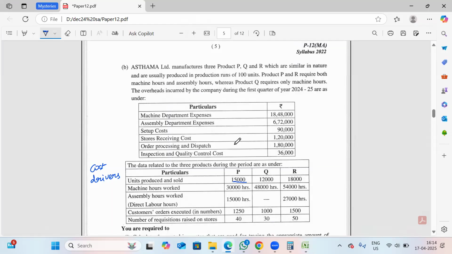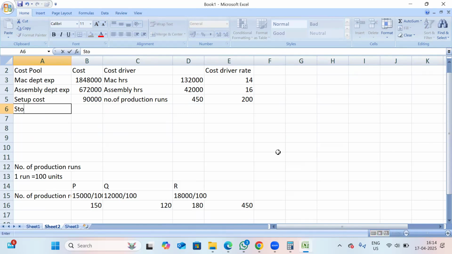Then coming to stores receiving cost, 1,20,000. Always stores receiving cost pertains to stores requisition, so number of requisitions.